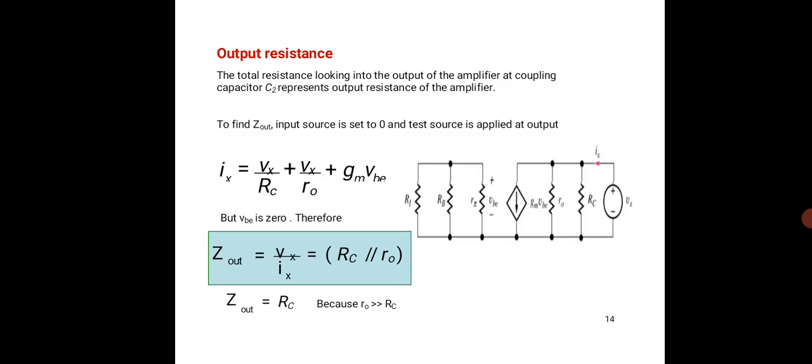Here the expression for Zout is Vx by Ix, which is RC in parallel with R0. The test source is given as Vx over here. I can finally say that Zout is equal to RC, as R0 is very much greater than RC, so it can be neglected.